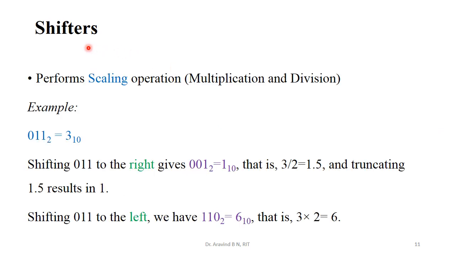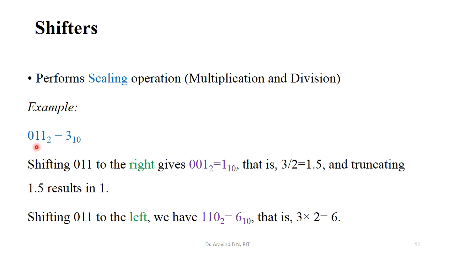Now let us get into the second one, that is the shifters. So the basic use of the shifters is to perform the scaling operation. Scaling involves both multiplication as well as division operations. For better understanding, let us consider one simple example. Let us have 0, 1, 1 in binary format, which is equivalent to 3 in decimal.